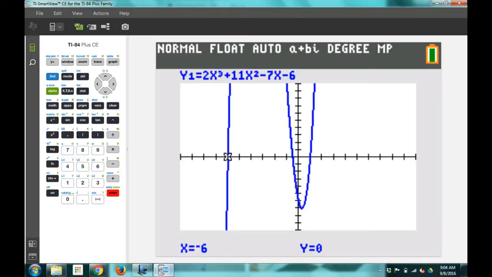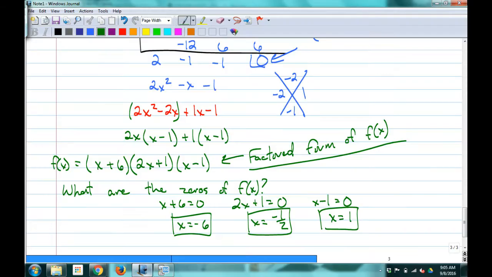When they're all real zeros, that's what will happen. With the factored form, run synthetic division until you get the polynomial down to a quadratic. Then we should be versed enough in factoring quadratics that we can factor that, if it will factor.